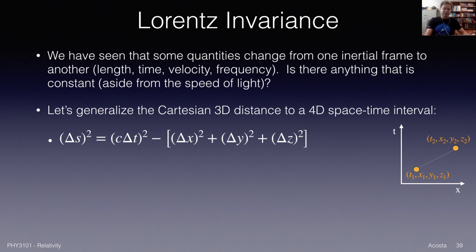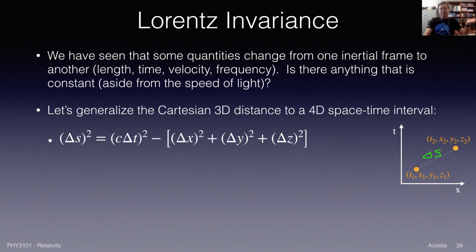We're going to label this as delta s, and we're going to relate it as, in fact, delta s squared. In my diagram on the right, we can call delta s that length between the two events. I've labeled them by time 1 for the first point here in the bottom left, and time 2 for the one in the top right.